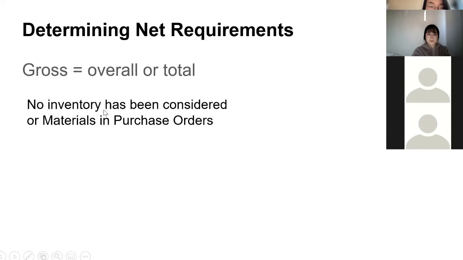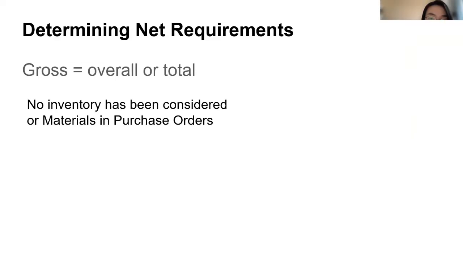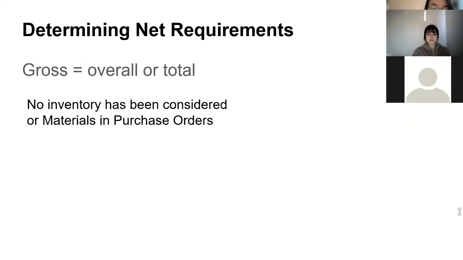So in gross, no inventory has been considered, and purchase orders have not been considered. It's just gross, the total amount. The material on hand we have not considered.